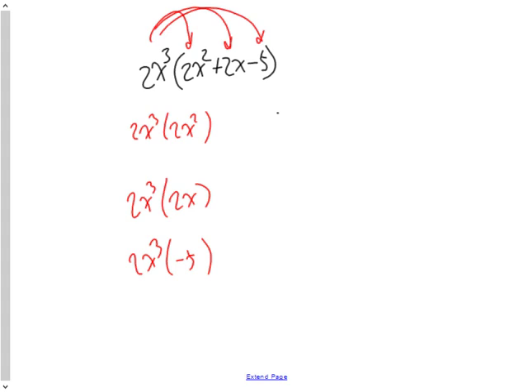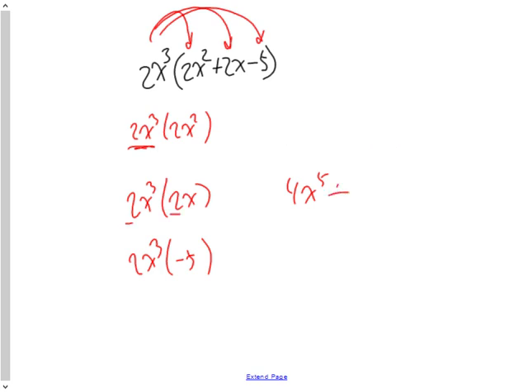So what you'd end up with in the first one is 4x to the 5, because 2x cubed, which is 2 times x times x times x, multiplied by 2 times x, which is 2x squared. So you have 2 times 2, which is 4, and x multiplied by itself 5 times is 4x to the 5.